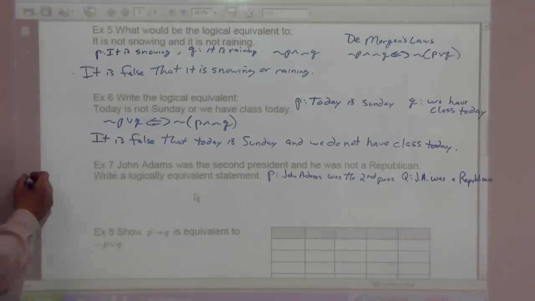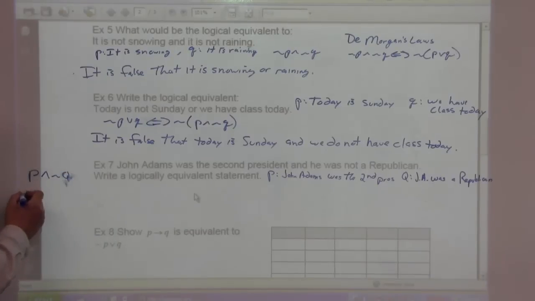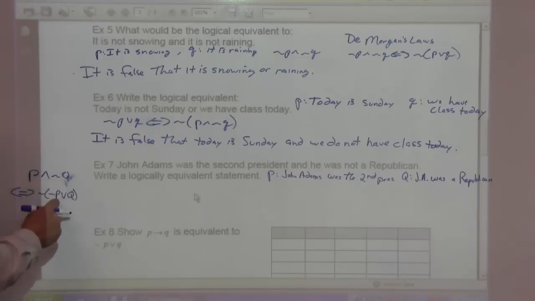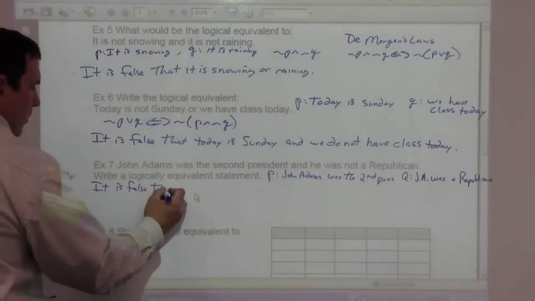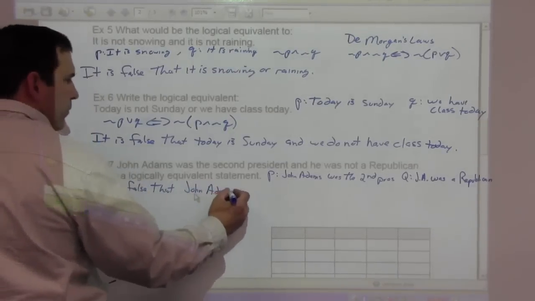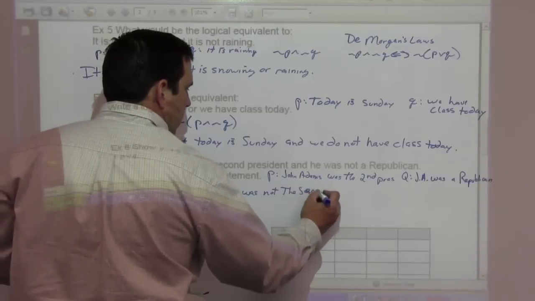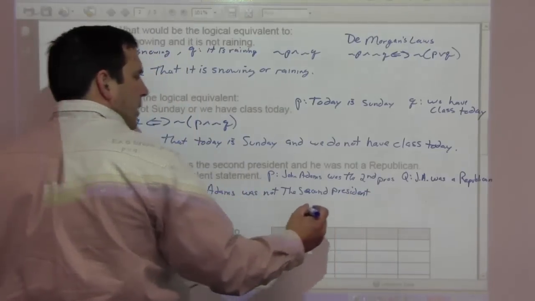So what we have is P and not Q. So the equivalent statement would be the negation of not P or Q. The negation of a negation is a positive, negation of the Q. So it is false that John Adams was not the second president, or he was a Republican.